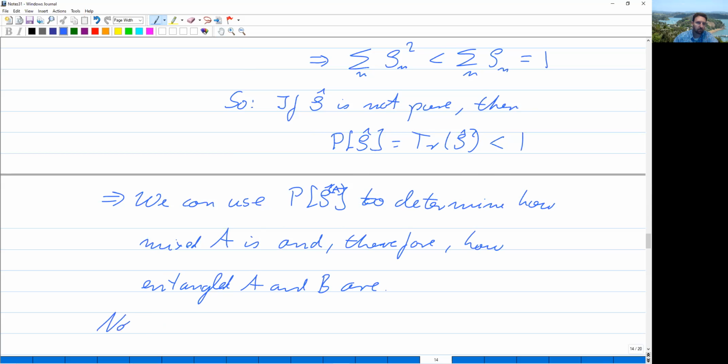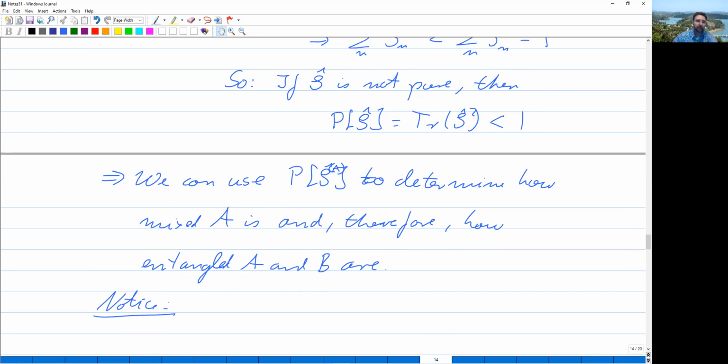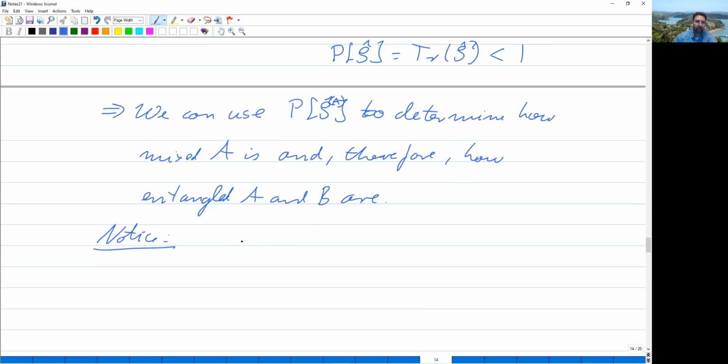Notice this is the same issue that we addressed with the entanglement entropy too. The von Neumann entropy of one subsystem matches the von Neumann entropy of the other subsystem. And here too, notice we have that the purity of rho hat A is equal to the purity of rho hat B. Why?